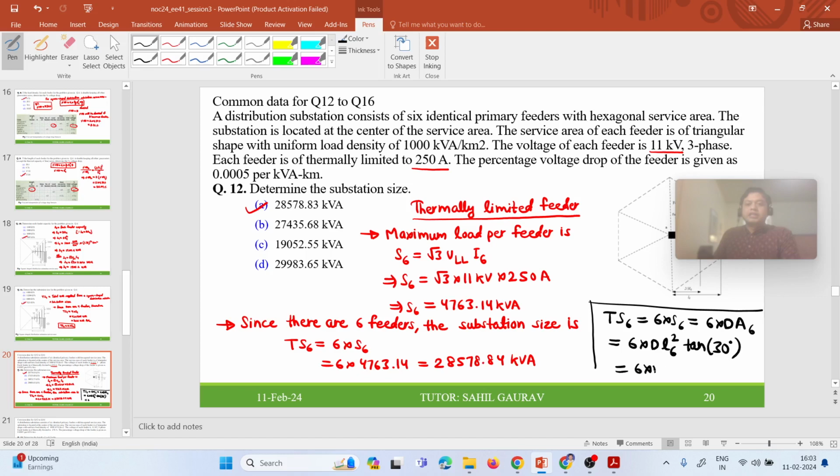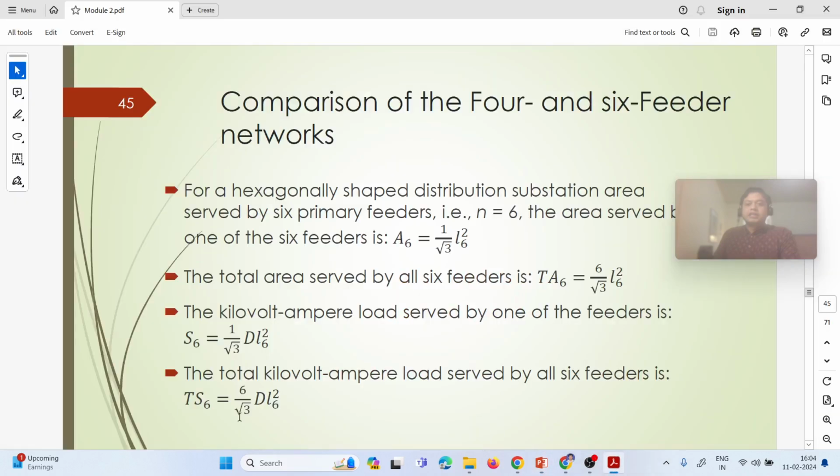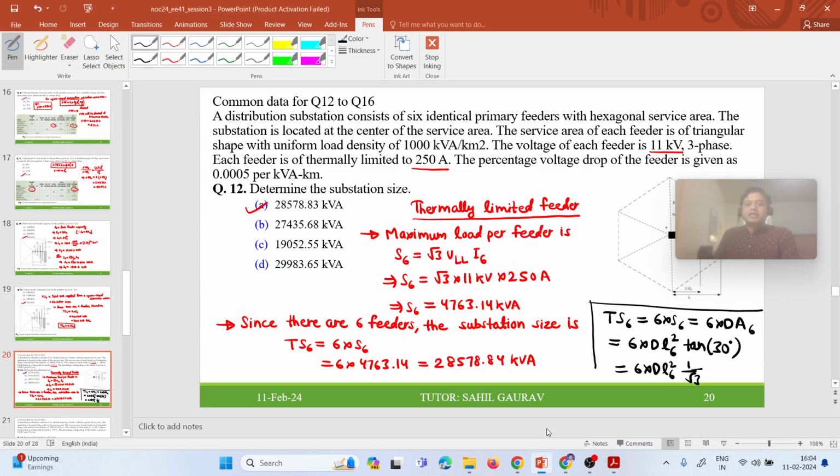So 6 into D L6 square and tan 30 is 1 by root 3. Now match this expression with the other expression. You will get the same value, 6 divided by root 3 D L6 square. Right? Okay. Right, sir.